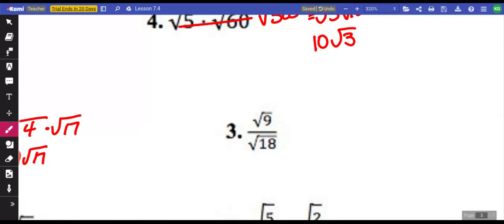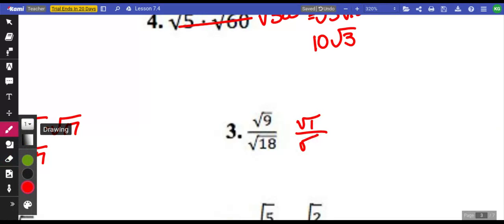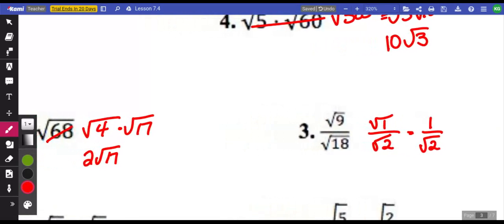On this one, the first thing we want to do with fractions is to reduce them. So when I reduce this, I will actually get the square root of 1 over the square root of 2. And the only one I can do is the square root of 1 is 1, and the square root of 2 does not change.